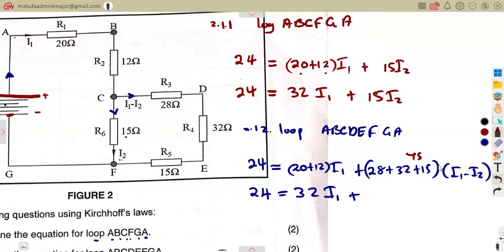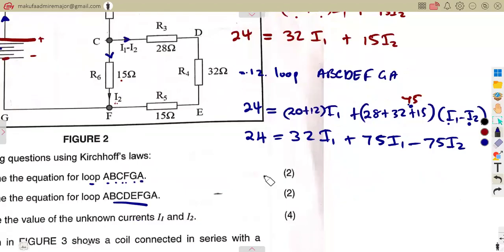Then you multiply 75 times I1, that's 75 I1, and 75 times minus I2, that is minus 75 I2. So you are going to obtain this equation: add I1 and I1, that's 32 plus 75, which is 107 I1 minus 75 I2. So that's it, you've got your equation.